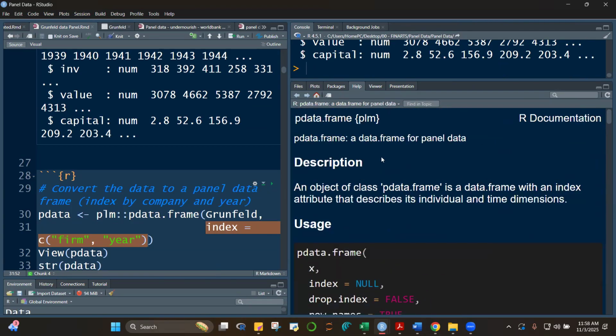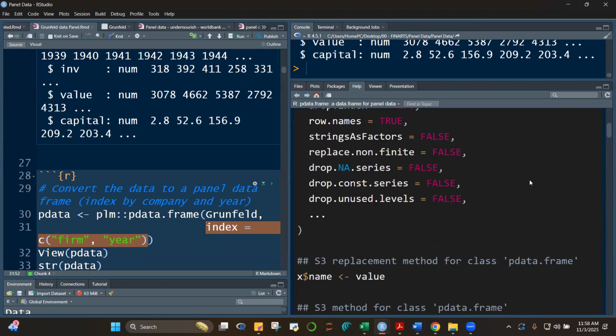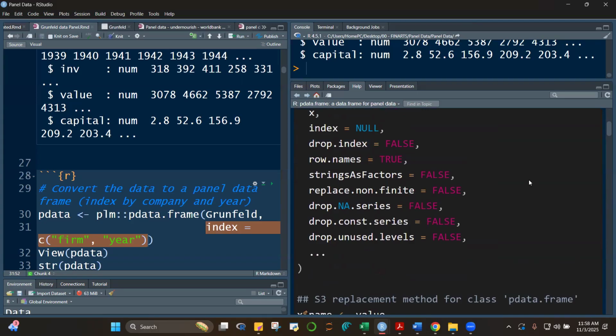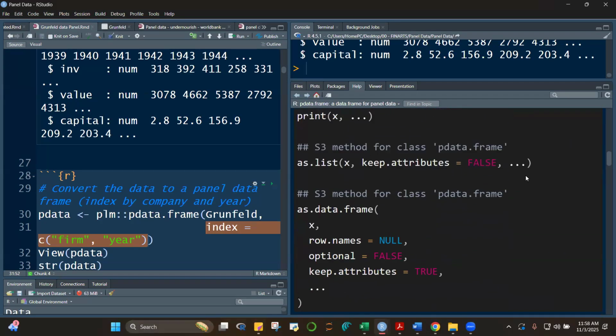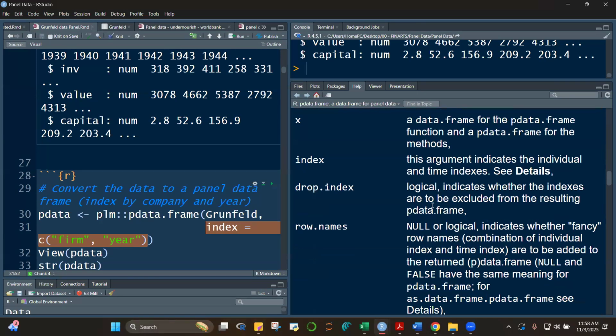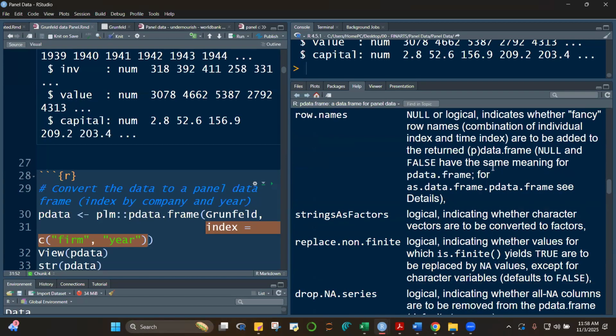And what does it tell us? Object of class pdata.frame is a data frame with an index attribute that describes its individual and time dimensions. Okay. So here, index. See details.